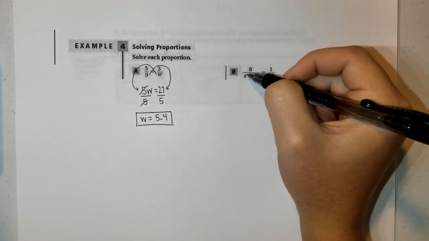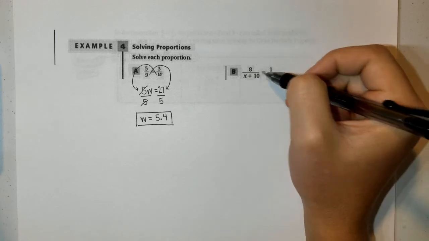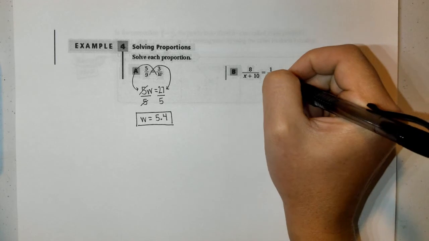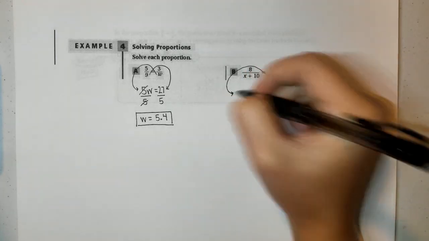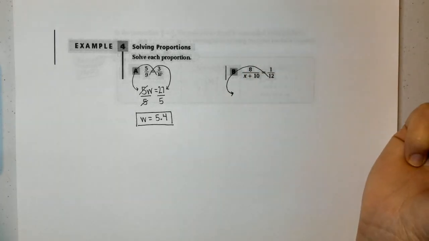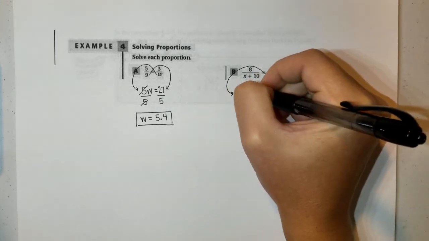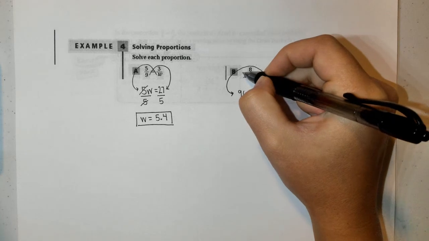Example B, we have 8 over x plus 10 equals 1 over 12. So we're going to cross multiply here. So we're going to do 12 times 8, and 12 times 8 gives us 96. This time we have a quantity here.